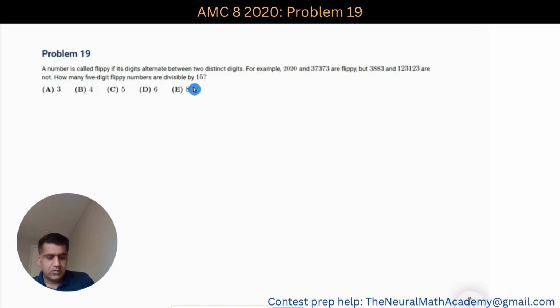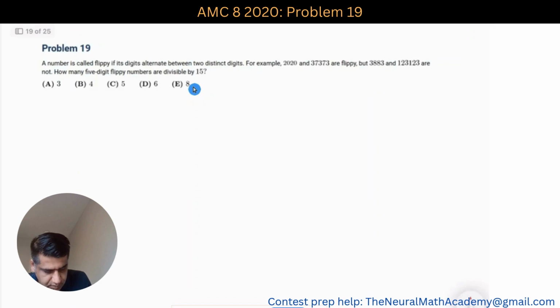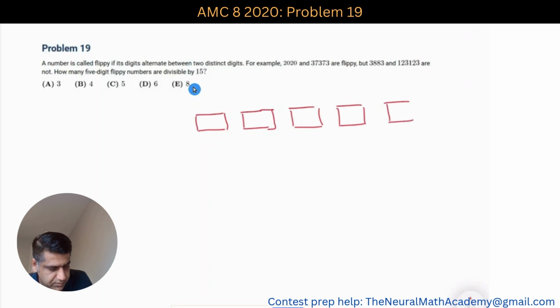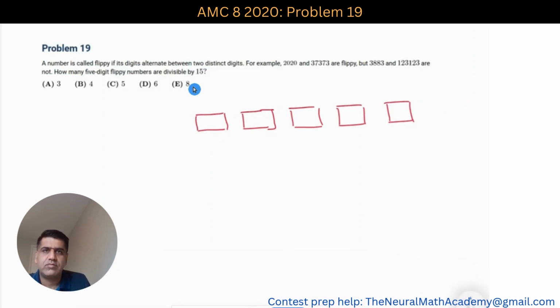So to solve this problem, first what we can do is make 5 spaces, one for each number. And now we can make a couple of observations based on the divisibility rules.